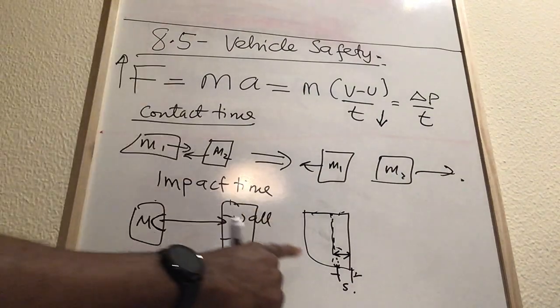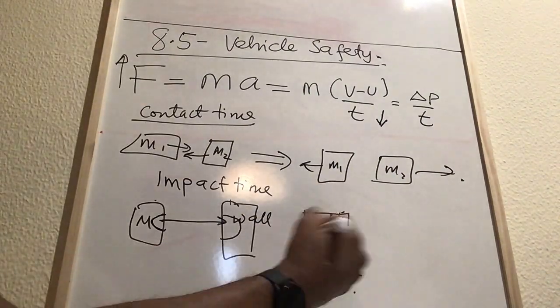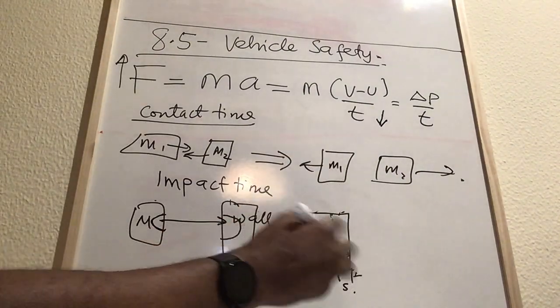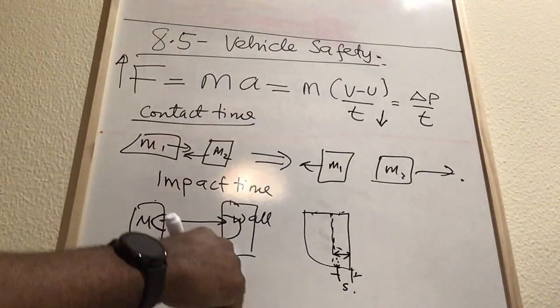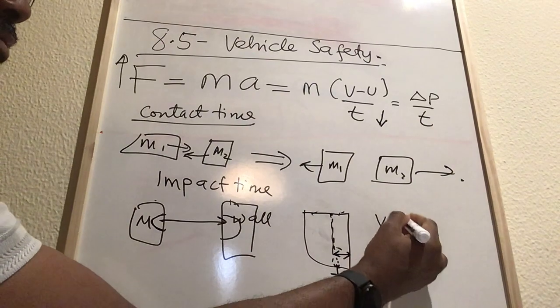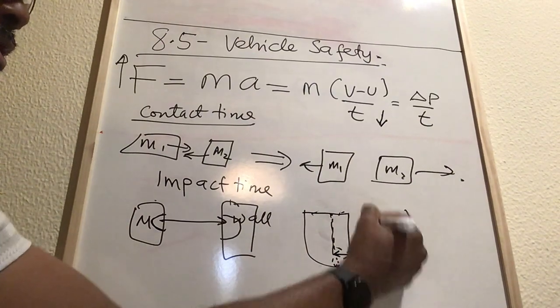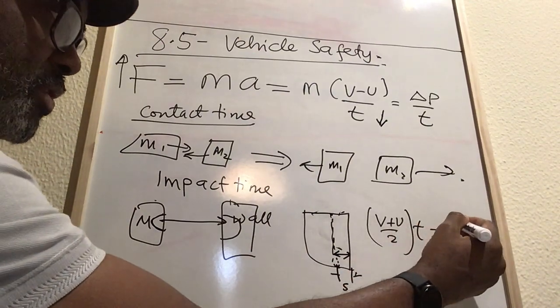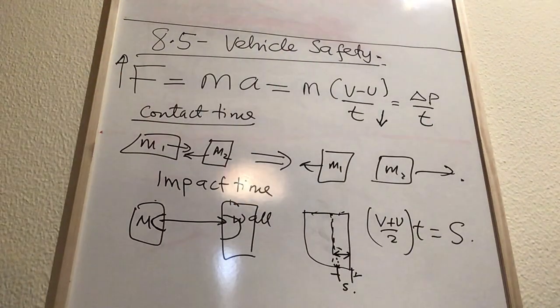So we need to be able to work out the impact time here, and the only way to do that is to use our SUVAT equation: average velocity (v plus u) over 2 times time is equal to the distance.